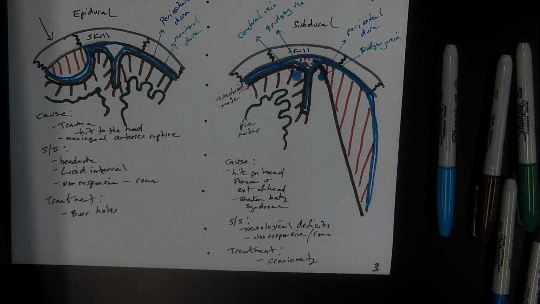When I say neurological deficits, remember on the first day of class we talked about the parts of the brain that did different things? Depending on where the blood is pooled and what part of the brain was involved in the bleed, that's how the patient presents. You can have visual deficits, somatosensory deficits, motor deficits. Most often we're going to deal with the motor deficits.